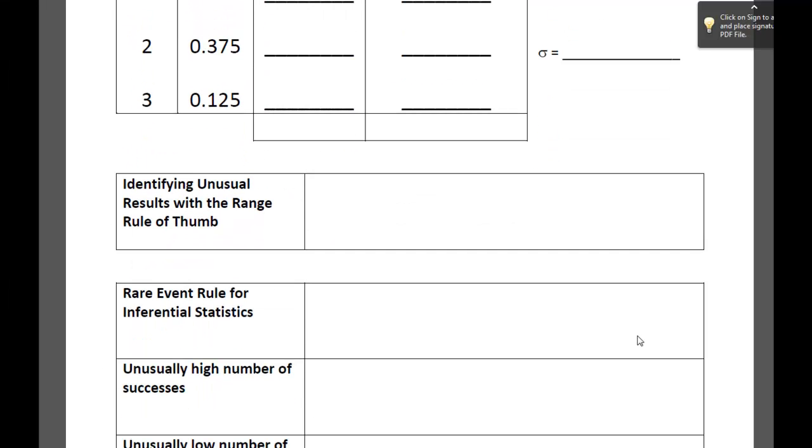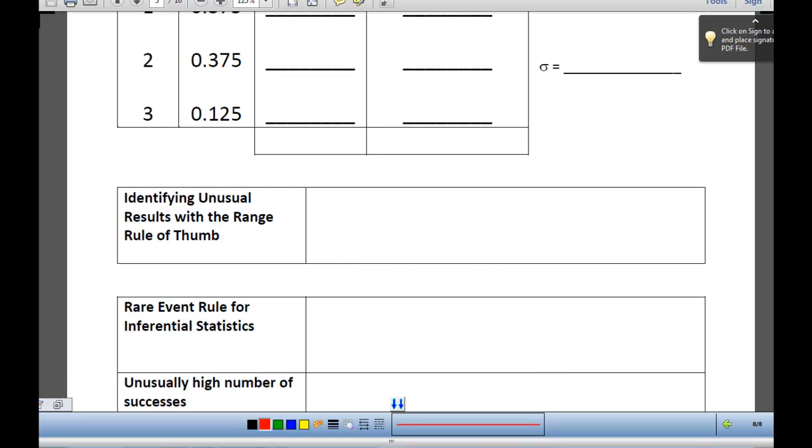Okay, identifying unusual results with the range rule of thumb. We talked about the range rule of thumb some time ago. Remember, we said that the maximum usual value is going to be the mean plus 2 standard deviations, and the minimum usual value is the mean minus 2 standard deviations.